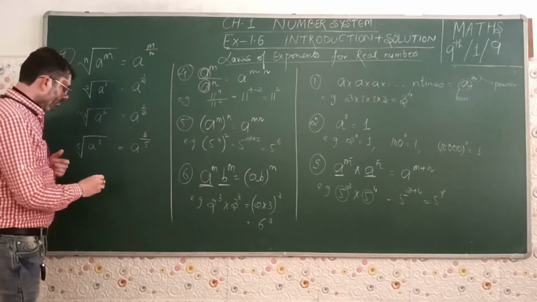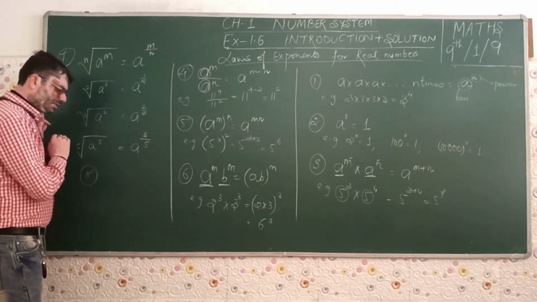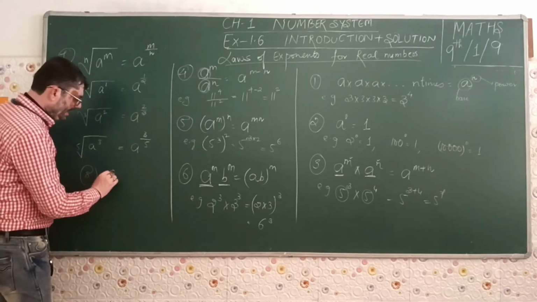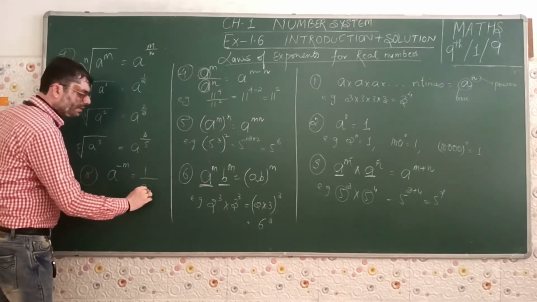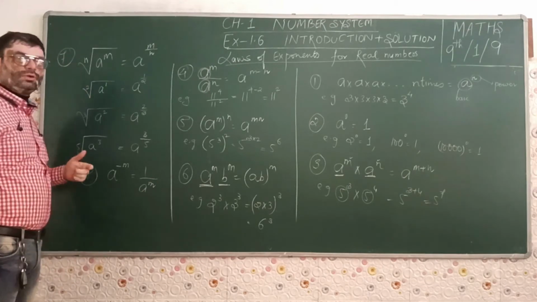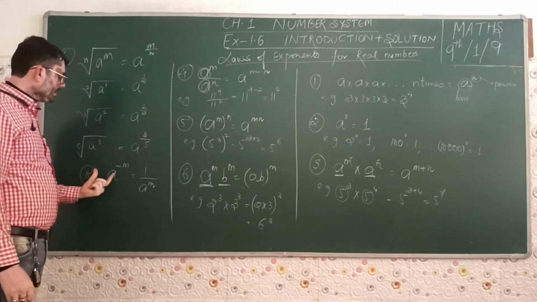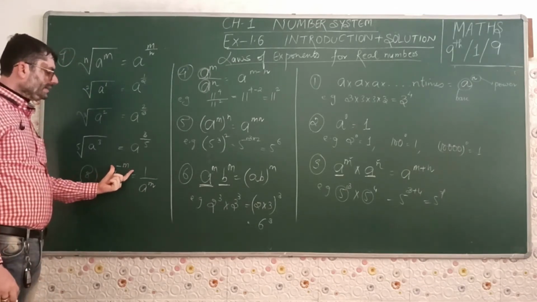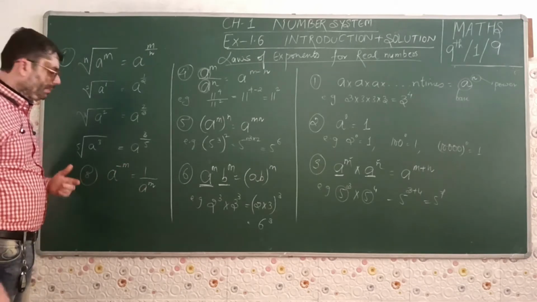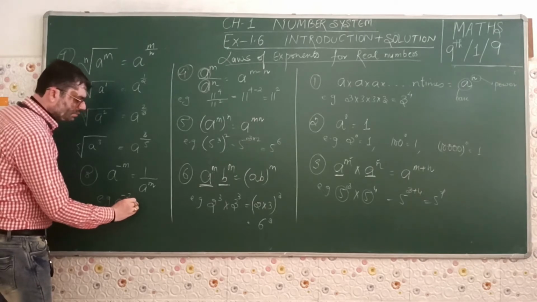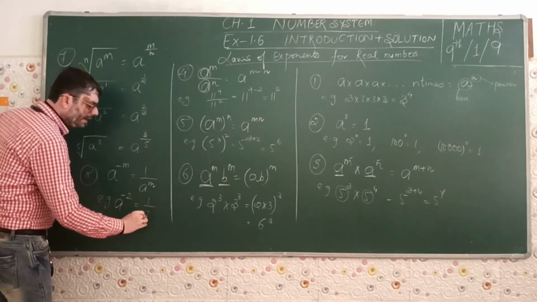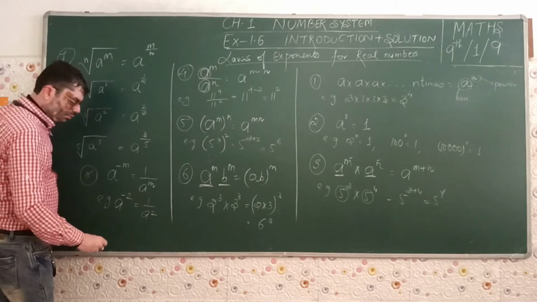One more we will be moving on to, say number 8, that is a to the power minus m is 1 by a to the power m. This is what we will be going through. The next exponent, a to the power minus m is 1 by a to the power m. Let us take an example. If I say a to the power minus 2, that means 1 by a to the power 2.